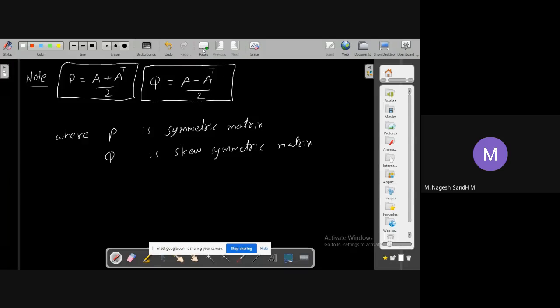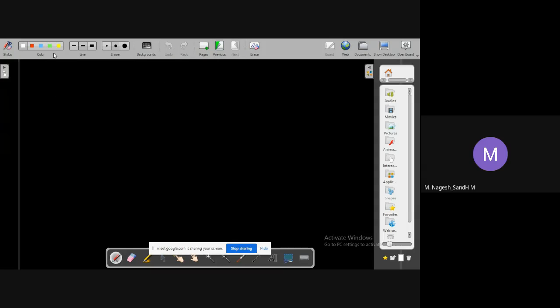So now we'll come to the question. Express the following matrix as a sum of symmetric and skew symmetric matrices.